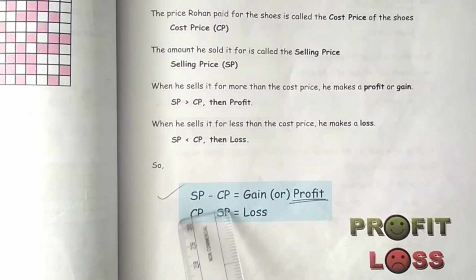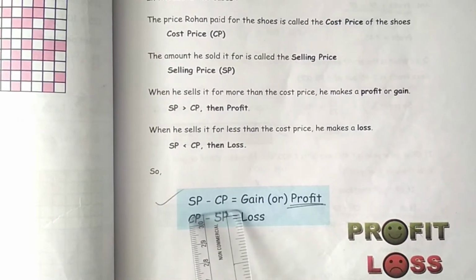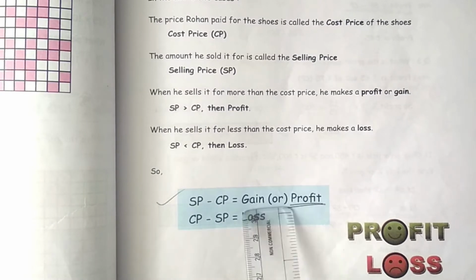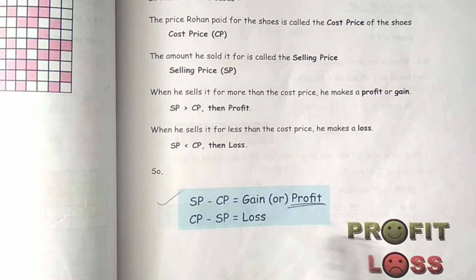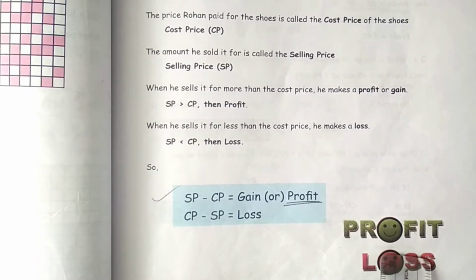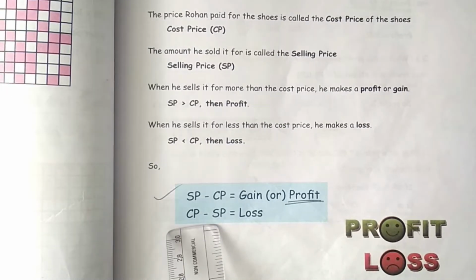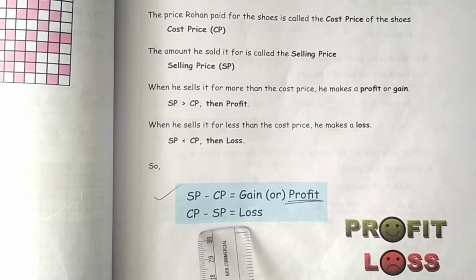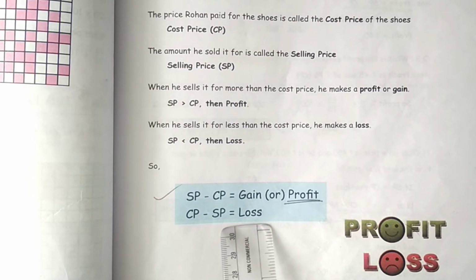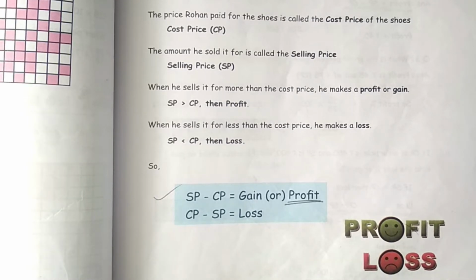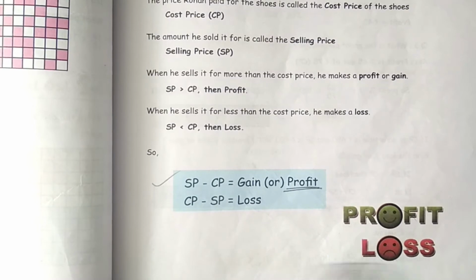So here selling price minus cost price is gain or profit. Profit means you keep on smiling, right? Cost price minus selling price is loss. Loss means they'll feel unhappy.